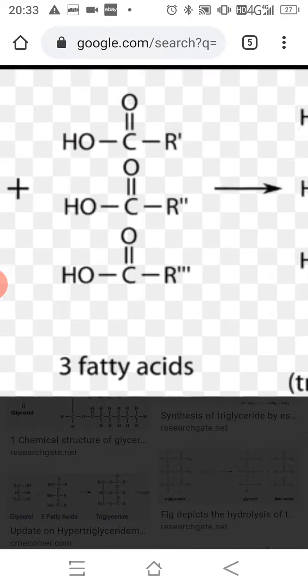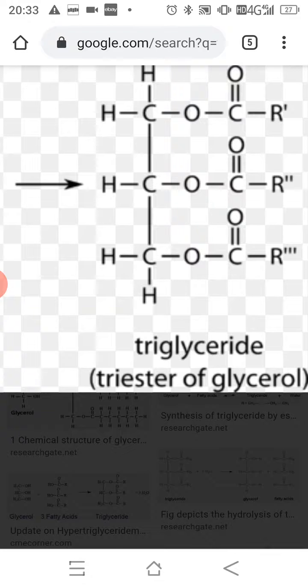So that's why when you look at a triglyceride, it's going to have those 3 ester bonds there. Your carboxylic acid has joined with the alcohol there, and it's a condensation reaction, so it releases a water molecule in doing so.